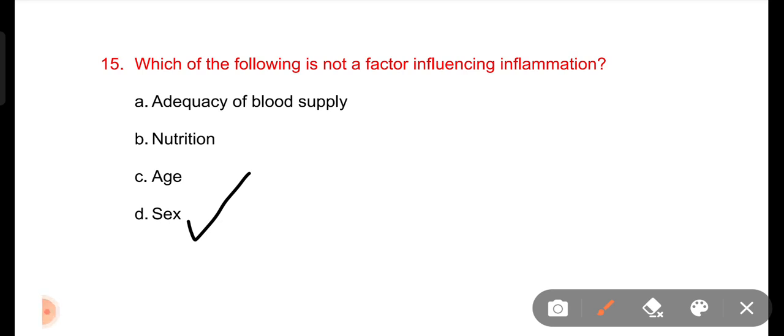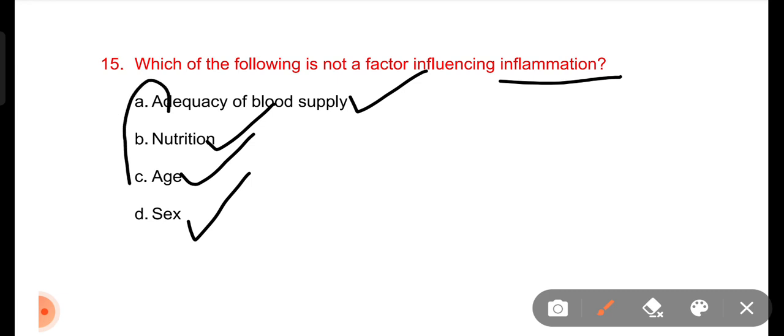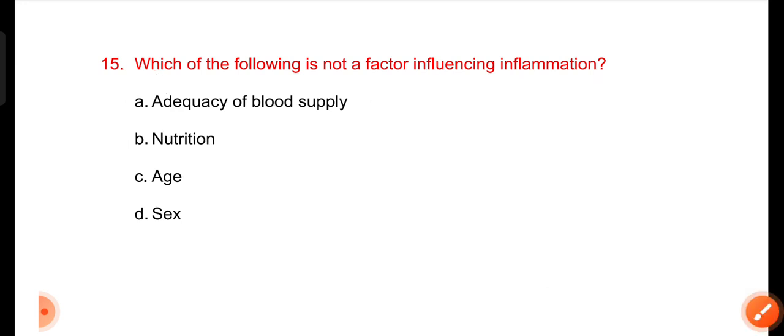In the case of inflammation, adequacy of blood supply, nutrition, and age are relevant. So these three are true, and this one is false. In the case of sex, we cannot see any difference in the inflammation.